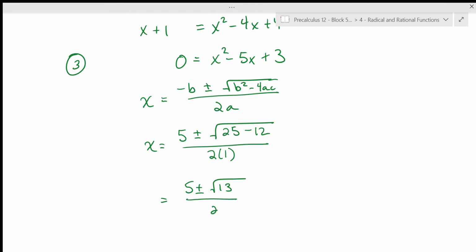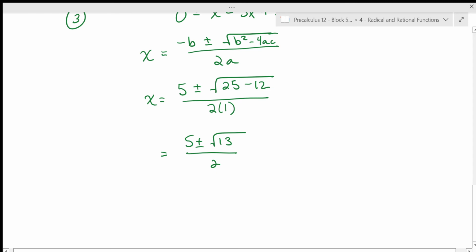Clearly that wasn't going to be a nice rational number. However, it seems to be a lovely workable number. So in this case, we may want to sort of estimate what these are. So I know that radical 13 is going to be a little bit bigger than 3, but less than 4. So this is between 3 and 4.